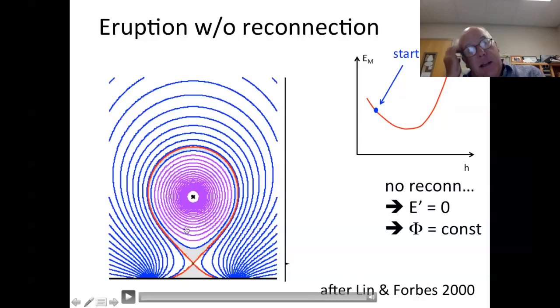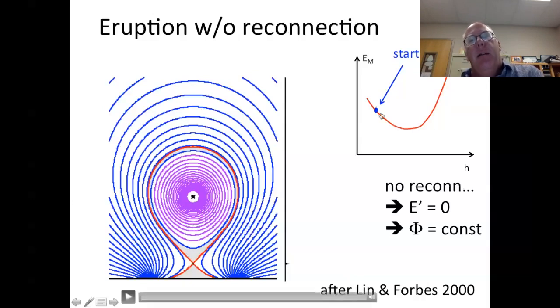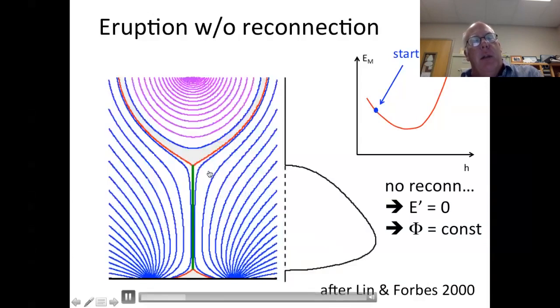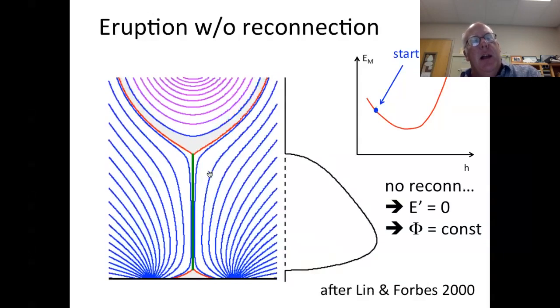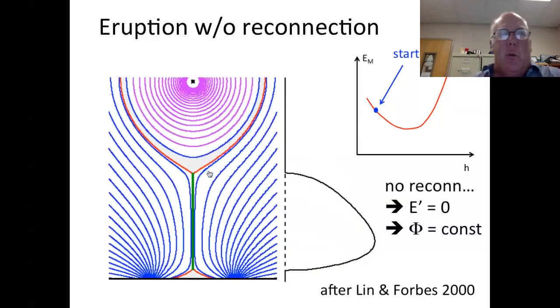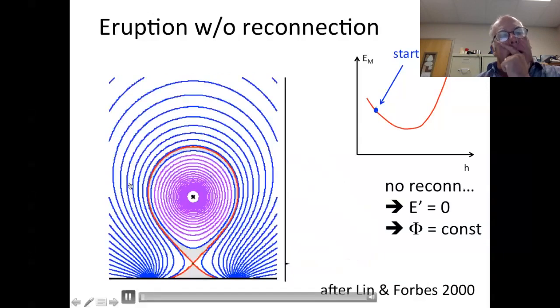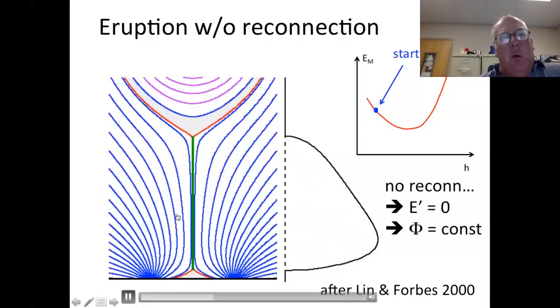But this is not in force balance, and I've shown an energy diagram on the right. So the system right now is at the edge of a potential well, and when I release it, it essentially goes up and then comes back down and settles into the bottom of that potential well. The thing to notice about that is that the X point gets deformed into a large current sheet.